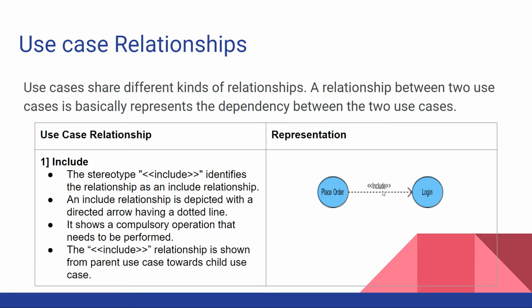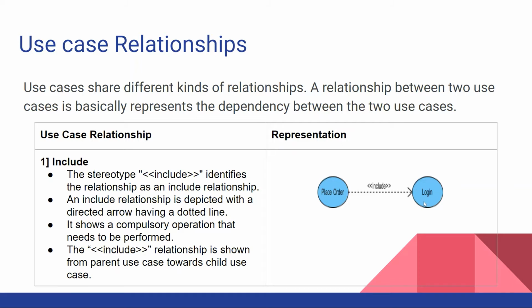So it is nothing but a stereotype symbol, and this identifies an include relationship in a use case diagram. So it is depicted using this directed dotted line having an arrowhead ahead, and this arrow will be from the parent use case towards the child use case. So this place order here will be the parent use case and login will be child use case.